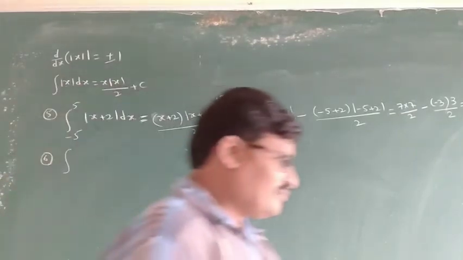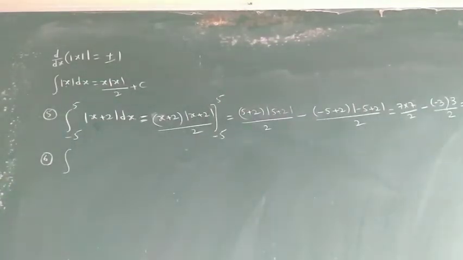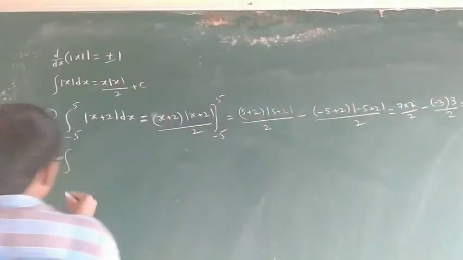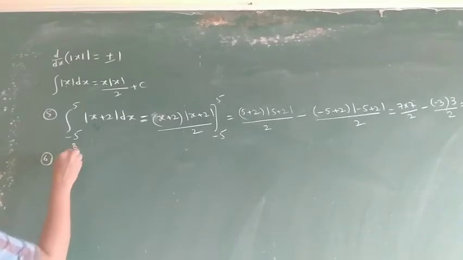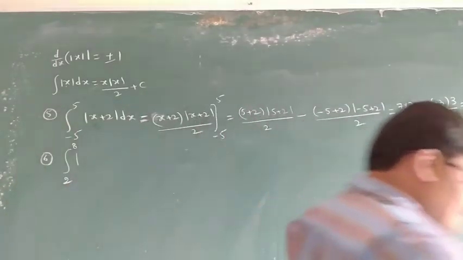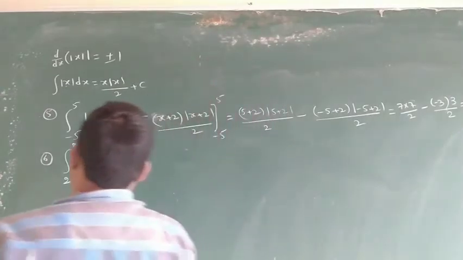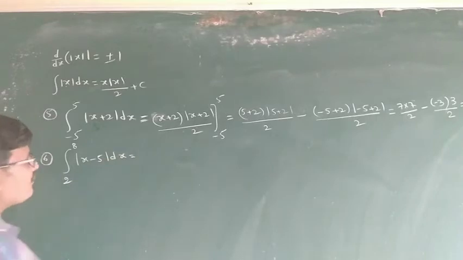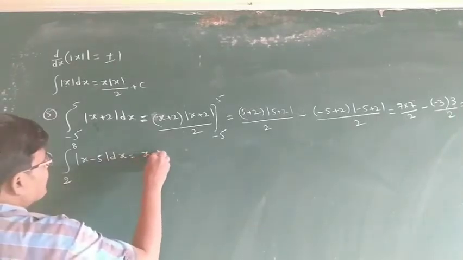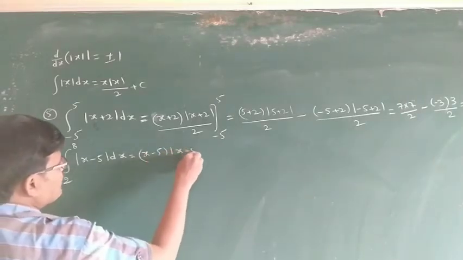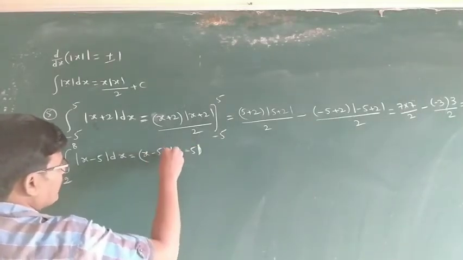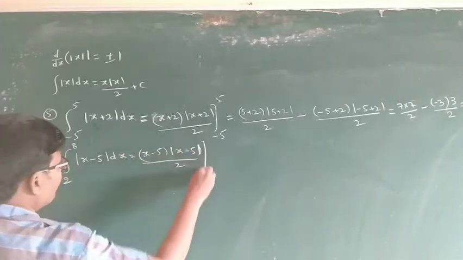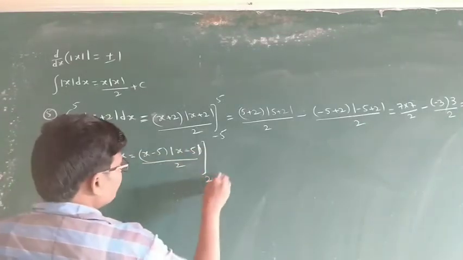Next integral: 2 to 8 mod of x minus 5 dx. So what is the answer? Integral mod x is x mod x by 2 over the limits 2 to 8.